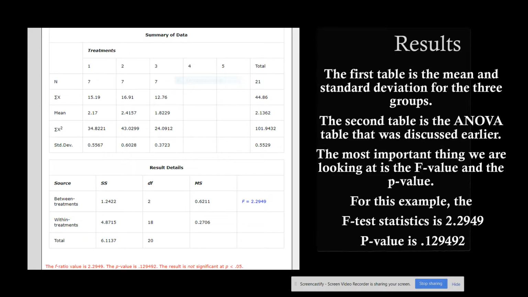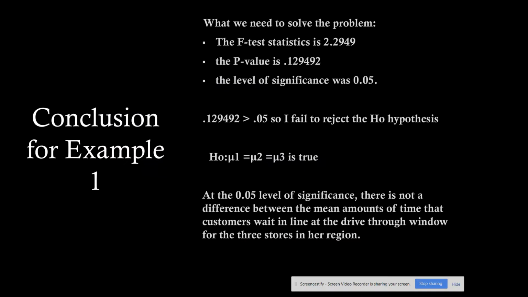Okay, so I have all my stuff. All right, so my conclusion. I got my F test statistic, I got my p-value, and I have my level of significance. So I did 0.12949 is greater than 0.05, so I fail to reject the null, which means I'm keeping my null.